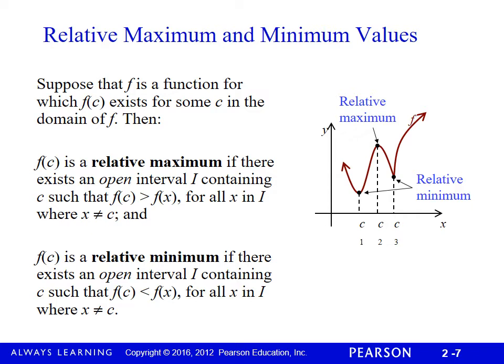Okay? To me, it's much easier to think of this more intuitively and more visually, where you have a mountaintop, that is a relative maximum. Where you have a valley, that is a relative minimum. And you can have a curved valley, as you see at c1, or a pointed valley or a corner valley, as you see at c3.